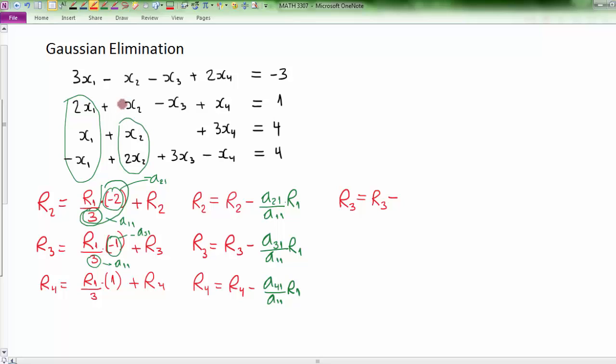So whatever it is, we'll have to divide the entire row 2 by that coefficient, which is A22, and then multiply by the opposite of this number here, which is A32. That's multiplied to row 2 and added to row 3. And row 4 is row 4 minus A42 over A22 times row 2.